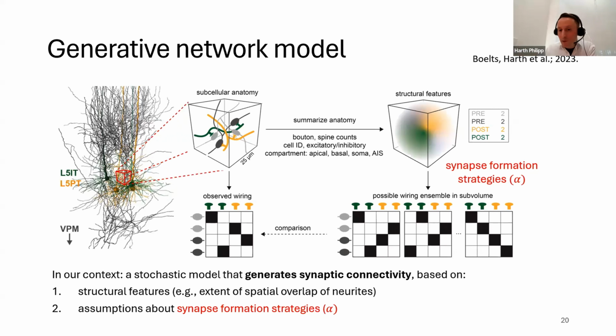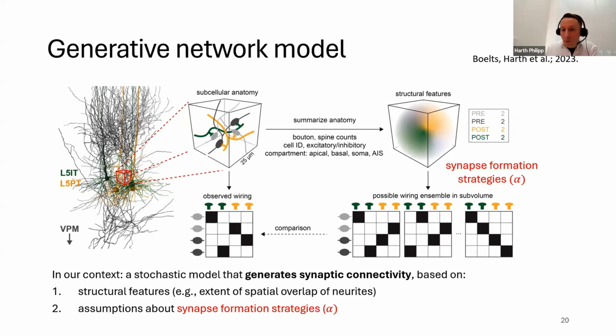This ground truth could be empirical measurements that are sparse, for example, using patch clamp recordings, where you only have access to a very limited set of cell pairs that have been measured. But even better, if you have dense reconstructions, you have a ground truth connectome, and you can compare the model predictions about synapse formation to the ground truth connectome.